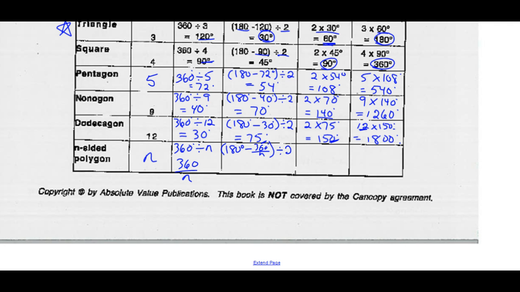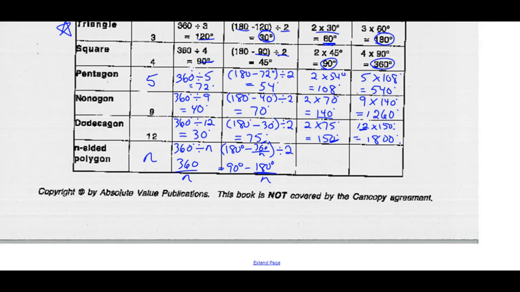And then we divided that by 2 because there's 2 equal angles there. So if I simplify this, 180 divided by 2 is 90 degrees, minus 360 divided by 2 is 180 degrees over n. So that's the simplest form we could make that statement.